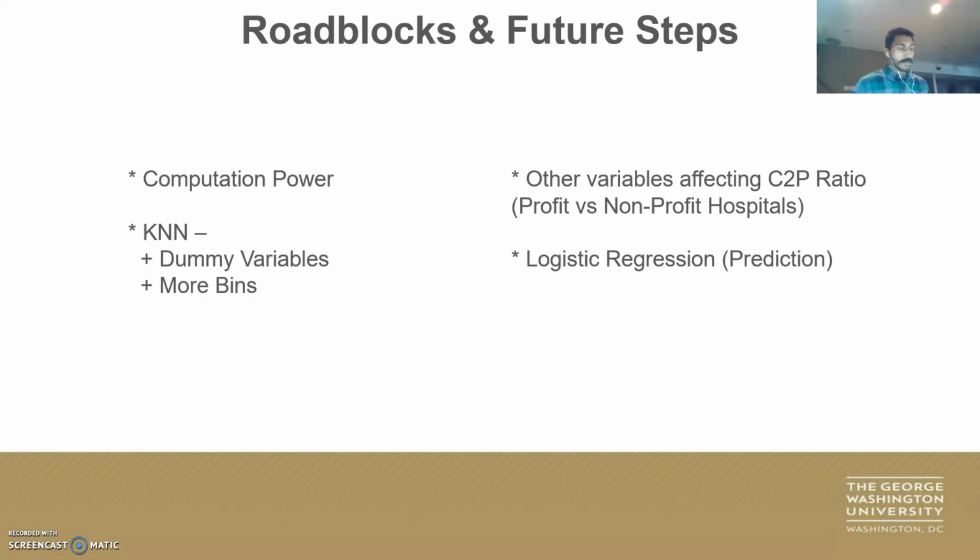And I also could have done a logistic regression in addition to the KNN, and maybe try to predict whether or not C2P ratio would be greater than or less than a certain number. And yeah, those would be future steps that I would work on if I were to redo this project.